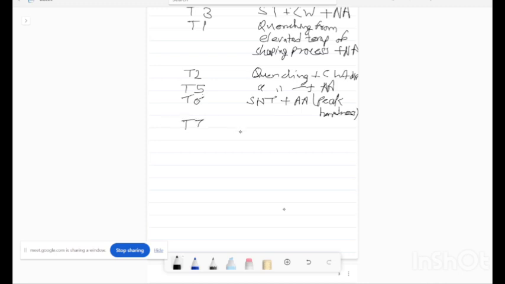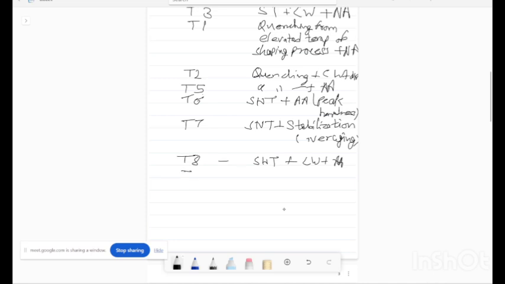If there is T7, it represents solution heat treatment plus stabilization up to overaging. If there is T8, it represents solution heat treatment plus cold work plus artificial aging.